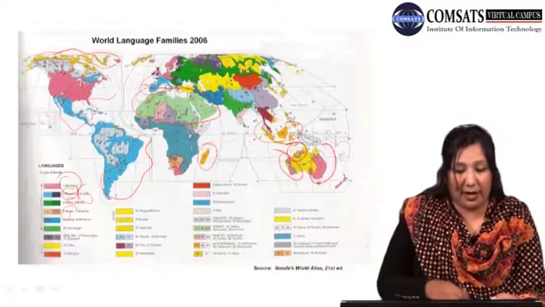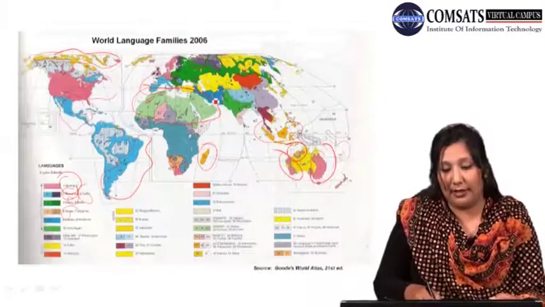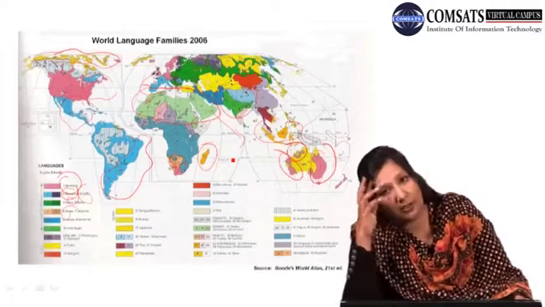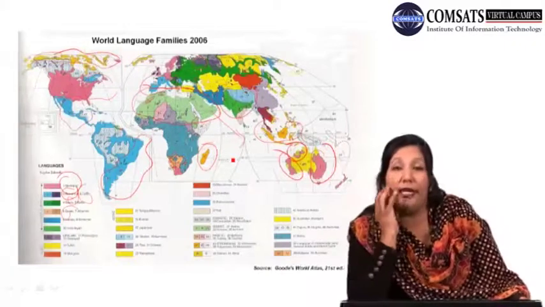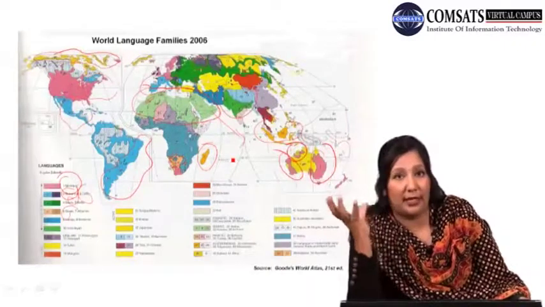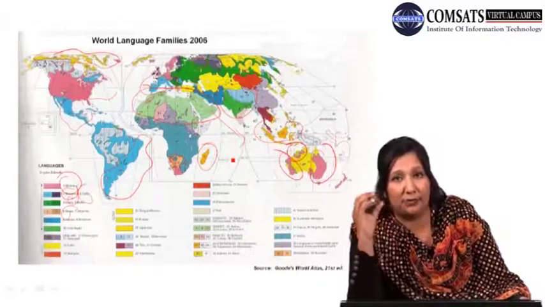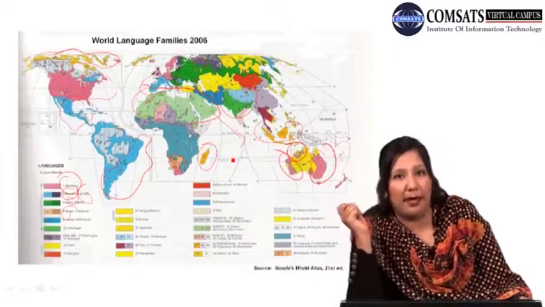Then come Indo-Aryan languages. They are spoken in this part of the world. So these are the main branches of the languages that are shown, and this was a representation of these languages on a map.